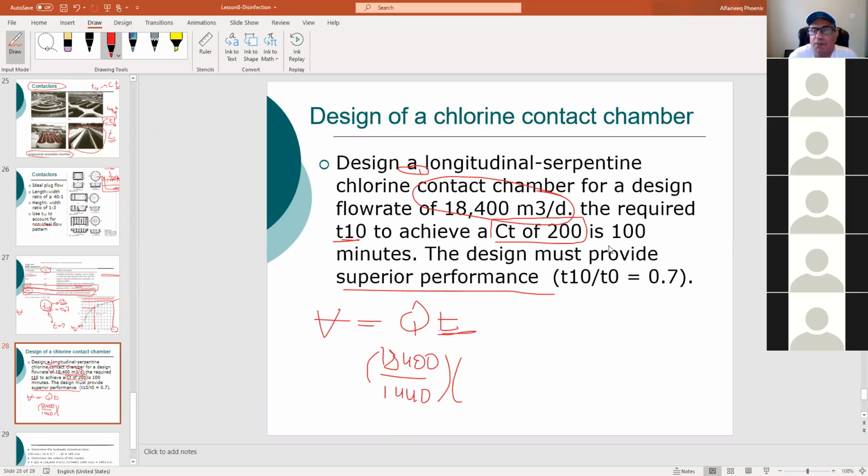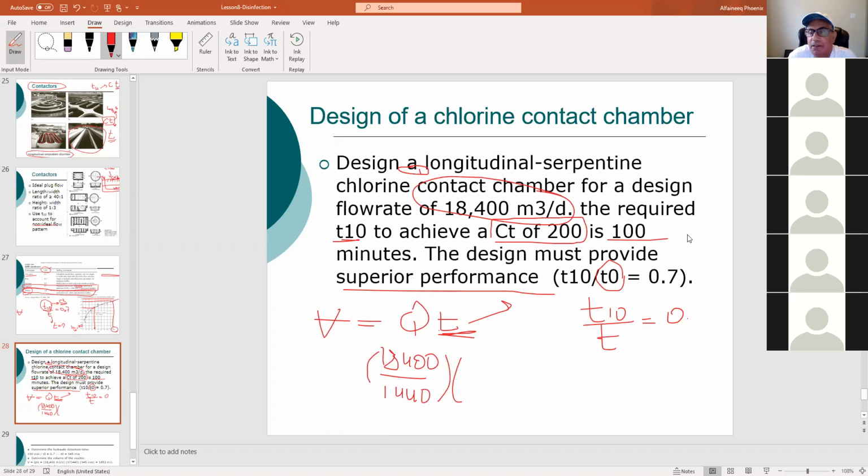The 100? This is detention, be careful. I got 142.857 minutes. Thank you. So your T10 over your T0, which is the detention time here, equals 0.7. All right?